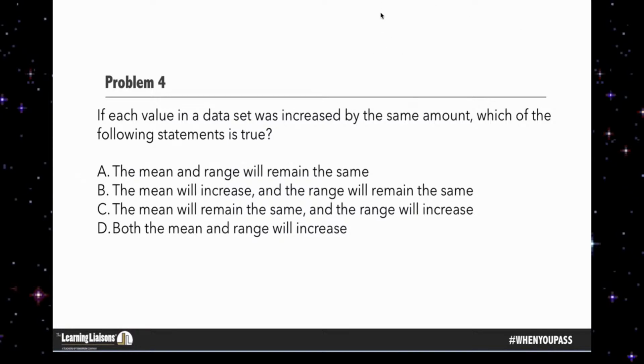The mean and range will remain the same. The mean will increase and the range will remain the same. The mean will remain the same and the range will increase. Or both the mean and the range will increase.